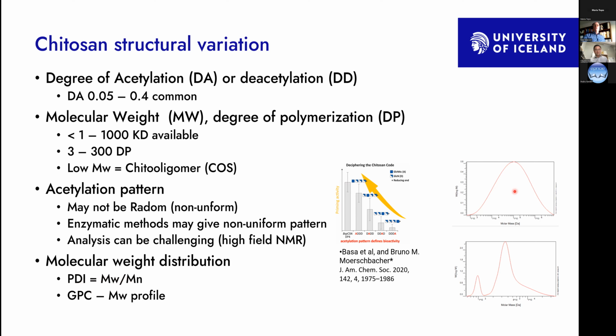Sometimes you have samples where this is rather homogeneously distributed, but in other samples you can have different populations and quite long tails in the distribution. So PD will not give you all the information. Preferably you should also have the molecular weight profile. But the really minimum to give information about your materials is the degree of acetylation and the molecular weight.